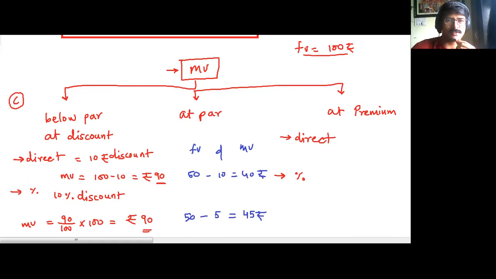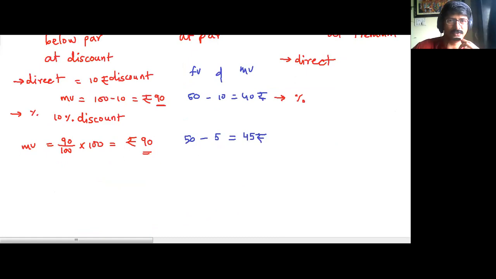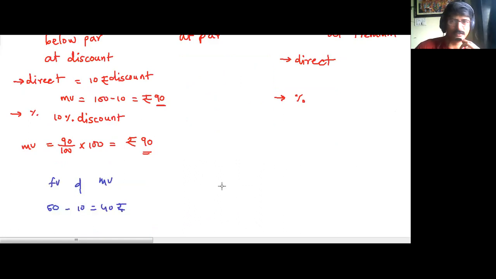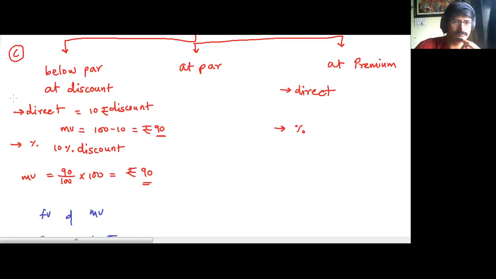I'll just copy paste it a little down so that we can get the columns perfect. I hope you understood both these examples. So this was example number 1, and this was example number 2. So when the face value is 100, discount is 10, market value is 90.